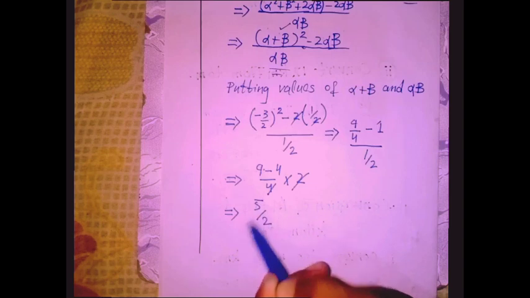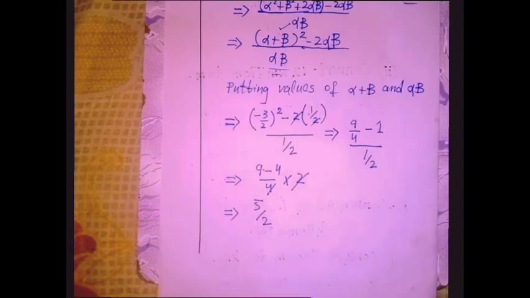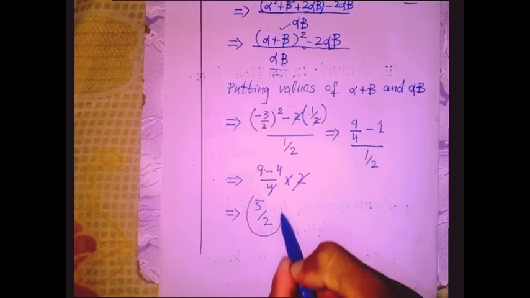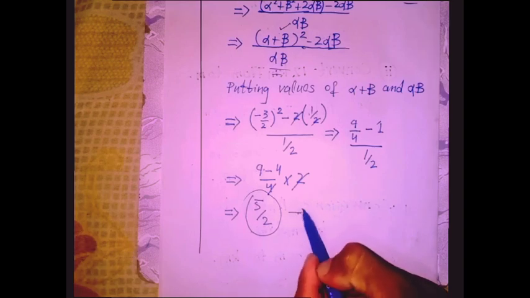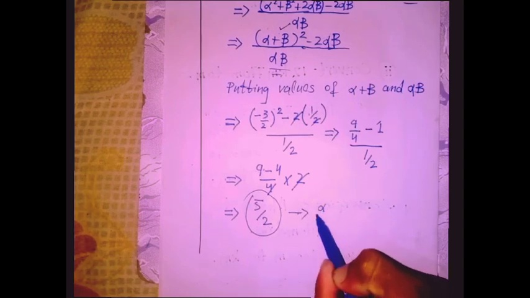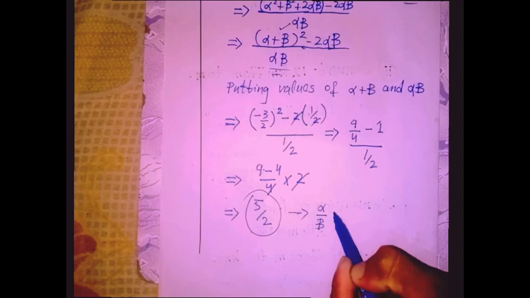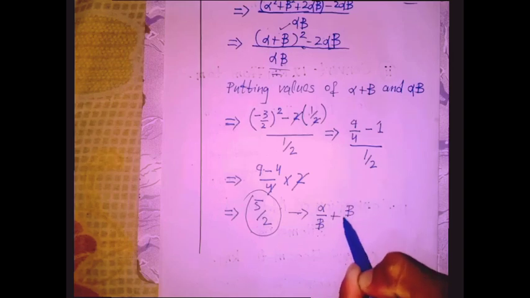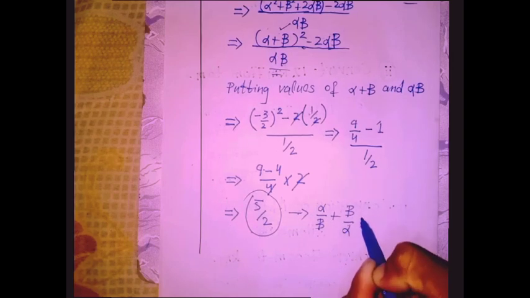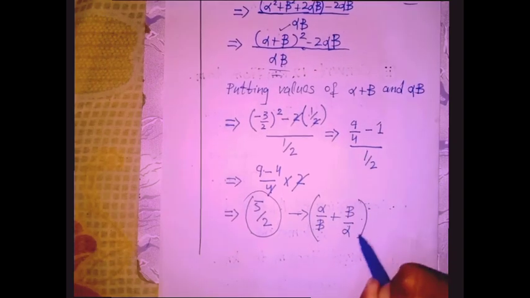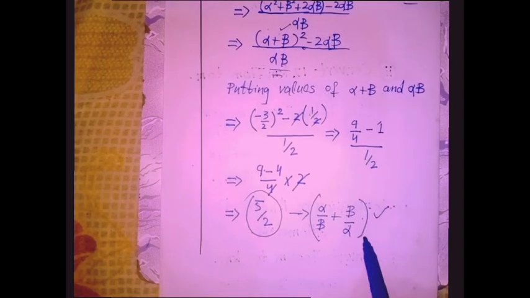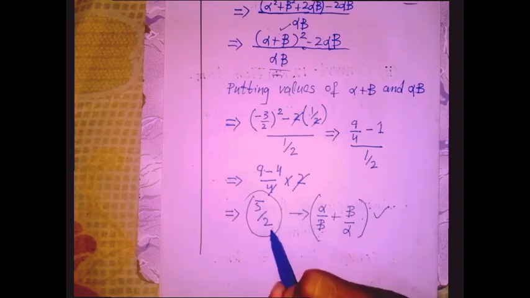So from above we get 9 minus 4, which is equal to 5, and 2 into 4, 2 is cancelled with 4, so we get 5 divided by 2, which is the required value of alpha divided by beta plus beta divided by alpha. Hence this is the required value for the given equation.